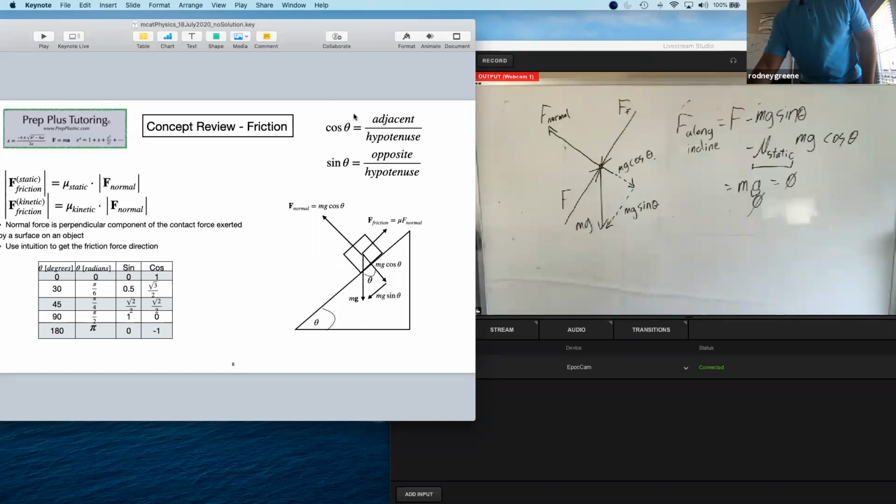But I would say you need to memorize these, and then practice breaking down forces into the so-called X direction and the Y direction, using sines and cosines. So I would say you need to know these definitions. Cosine theta is the length of the adjacent side over the hypotenuse, and similarly for sine theta.